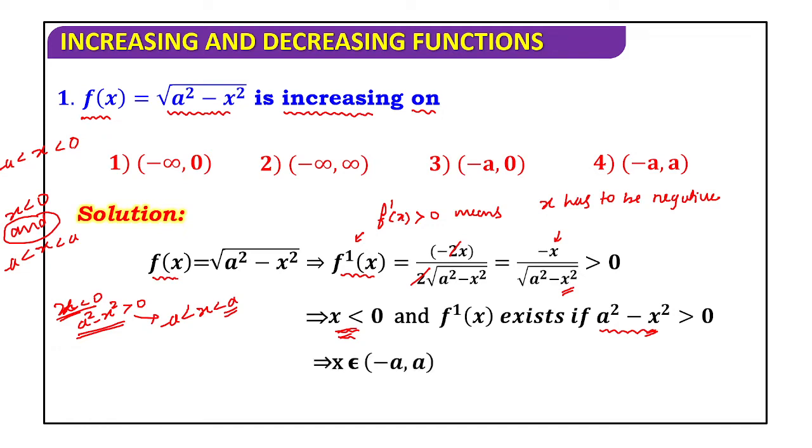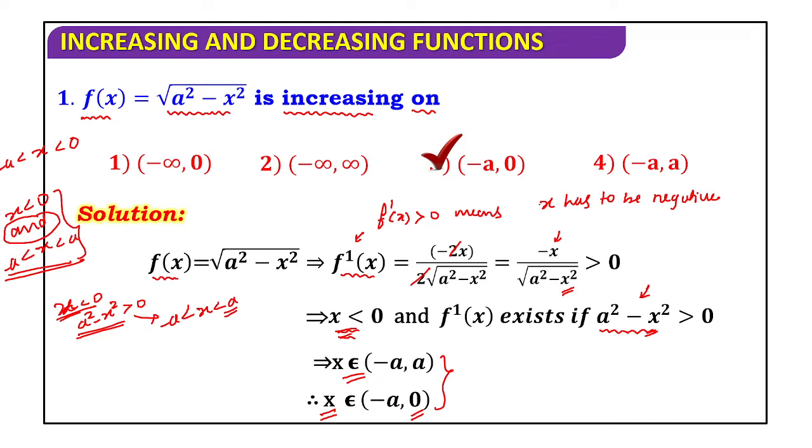From this, x belongs to minus a to plus a, and from the first condition x belongs to minus a comma 0. So by taking these two, x belongs to minus a comma 0.